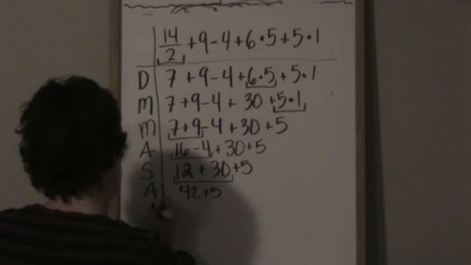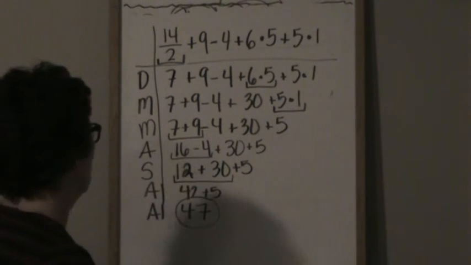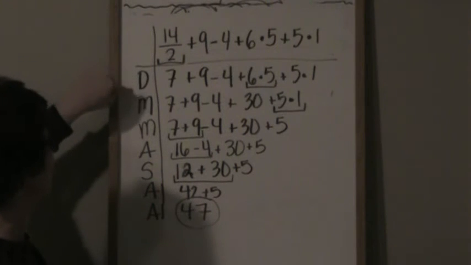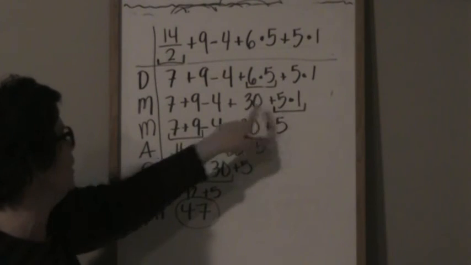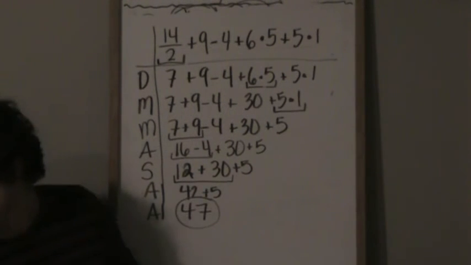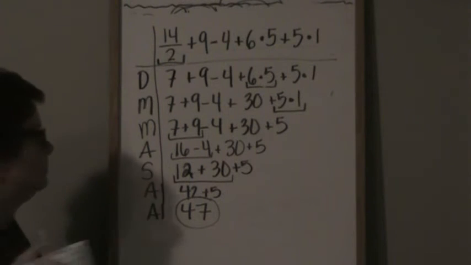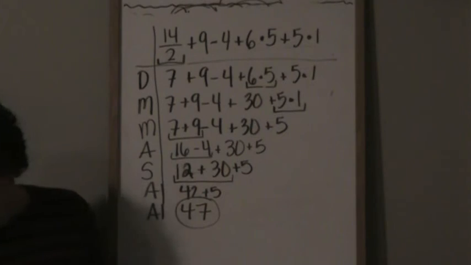I'm going to add one more time, and I'm going to get 47. Okay? If you do it step by step by step, underline what you're taking care of, okay? And just work it on down, okay? Just do it one by one, step by step, and it makes it a lot easier. You know what to do, it just looks really long.